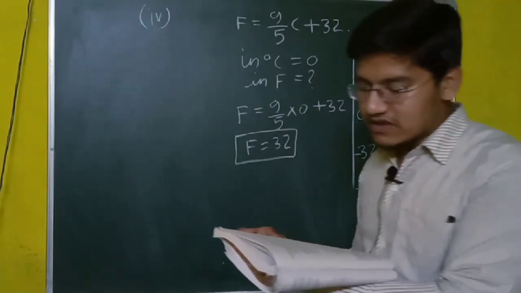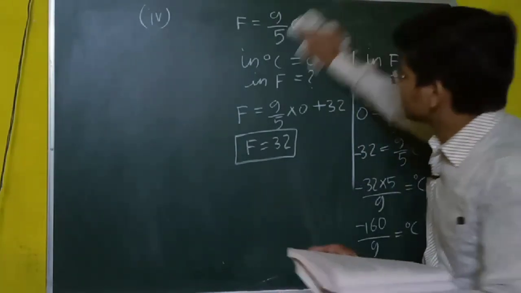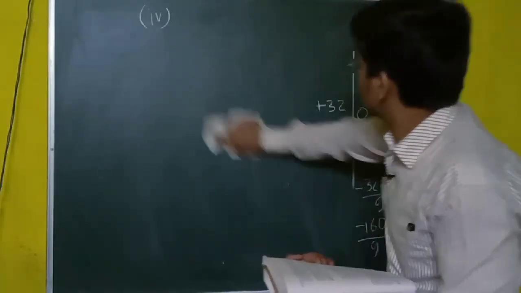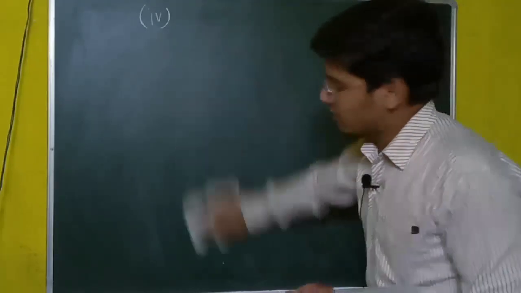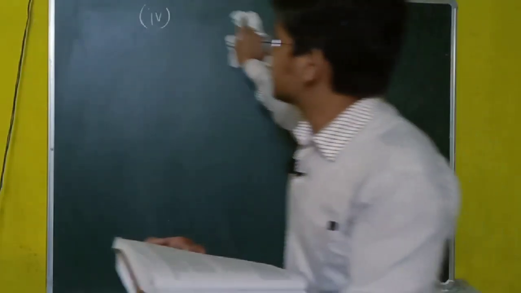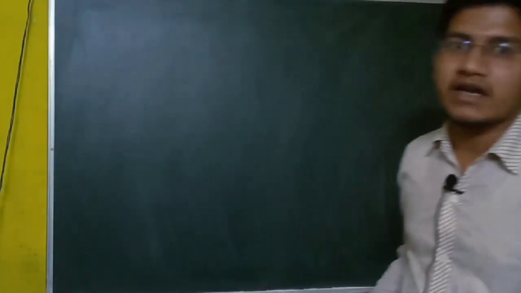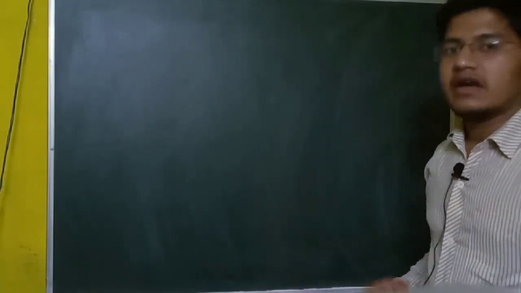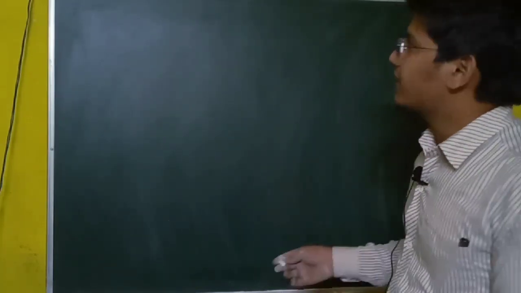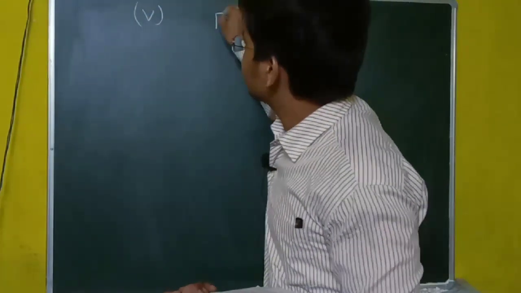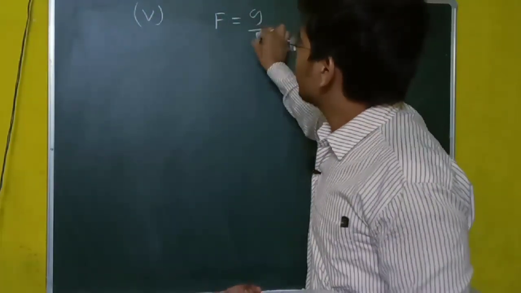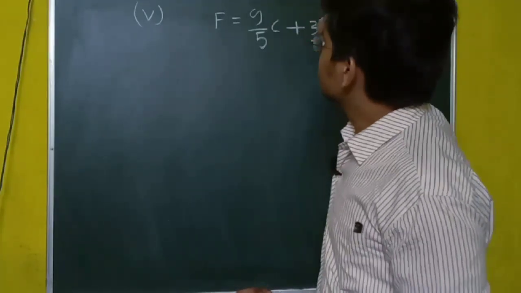Now the last question of this exercise. They are asking us, is there a temperature which is numerically equal in both degree Celsius and degree Fahrenheit? So our equation they are giving us, F is equal to 9 upon 5 C plus 32.